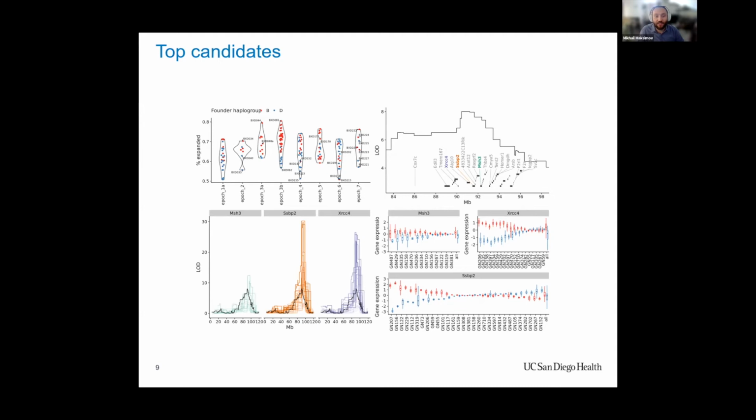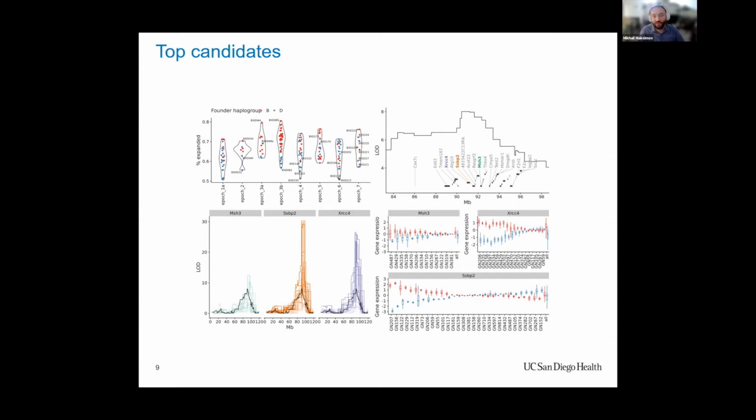Similarly, for each of the DNA repair genes, in the bottom right panel, we also see increased expression associated with having a B founder haplotype, which, from other studies that have looked at MSH3 in the context of repeat expansion, this trend makes sense.